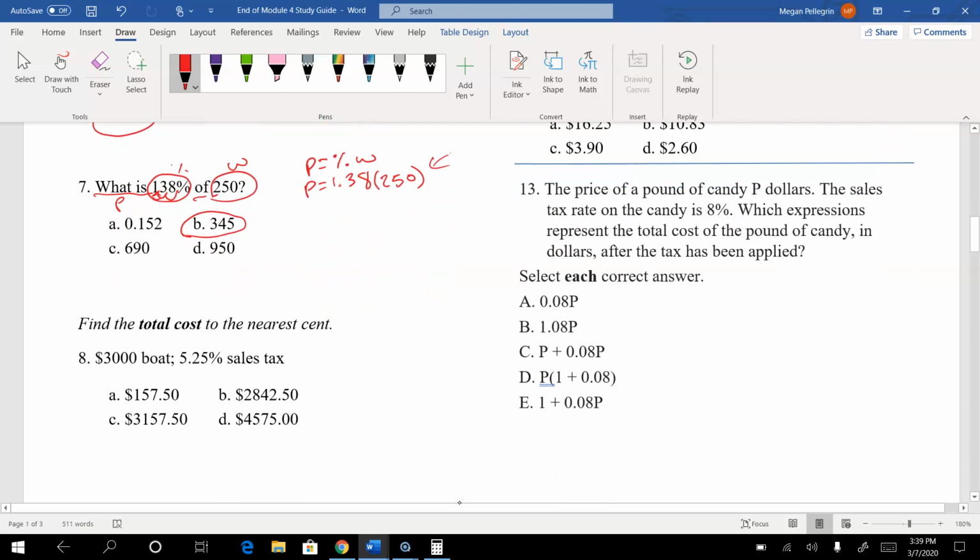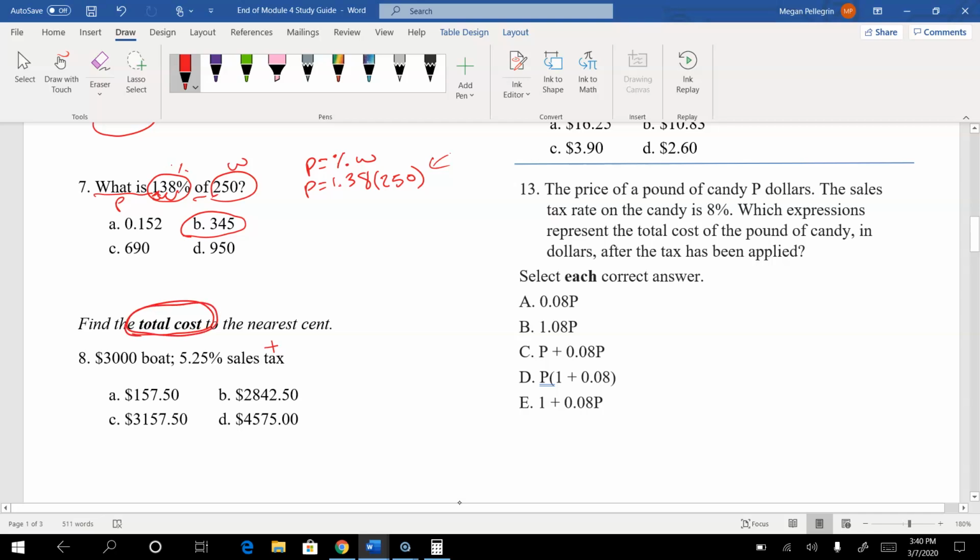Okay, find the total cost, round to the nearest cent. Okay, so let's look at this. Before we start answering any questions, it's $3,000, and then we have a 5.25% sales tax. We know that that is increasing, and it asks us for the total cost.